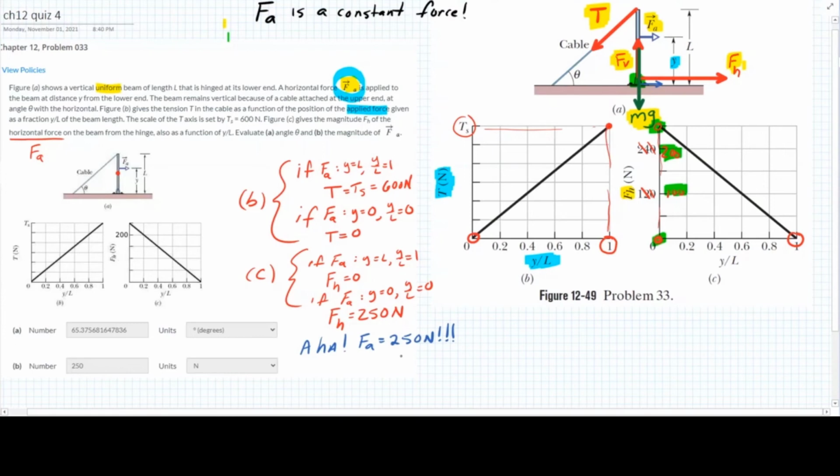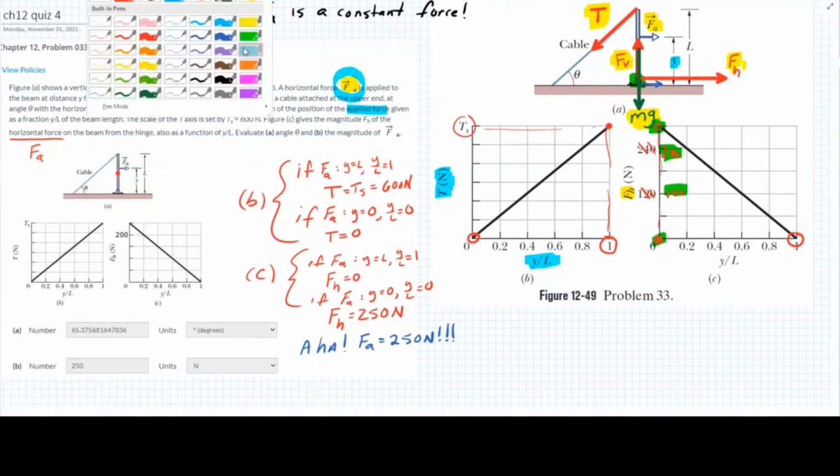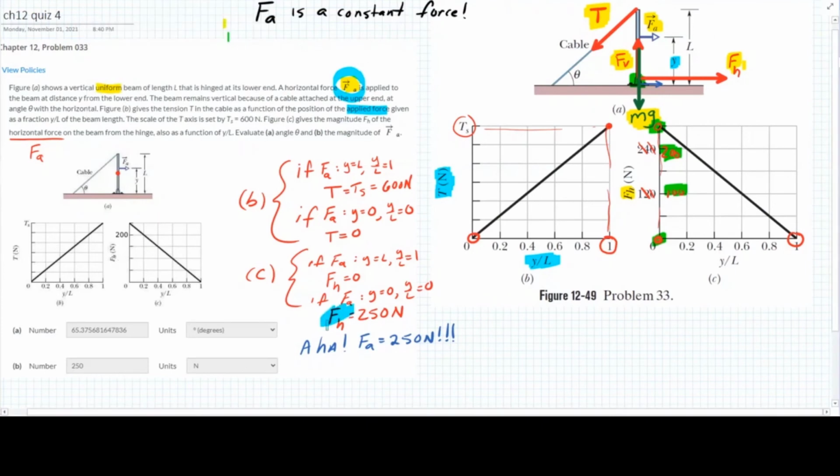And if it equals 250, as soon as I get a number on it, and right here I basically got a number on it, I said, well, the hinge force equals 250, and that actually has to be the same as F sub A when F sub A is applied at y equals 0.